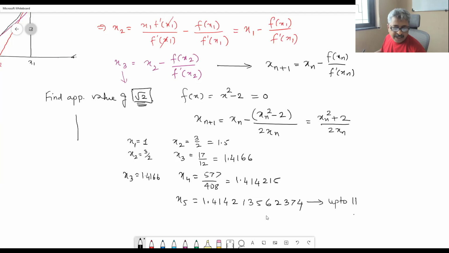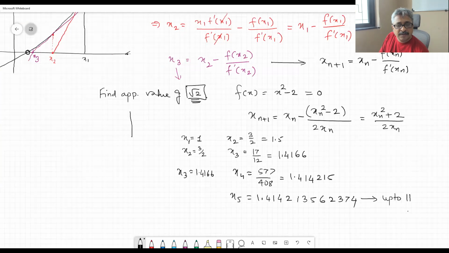Now, when will it fail? When will this method not work?